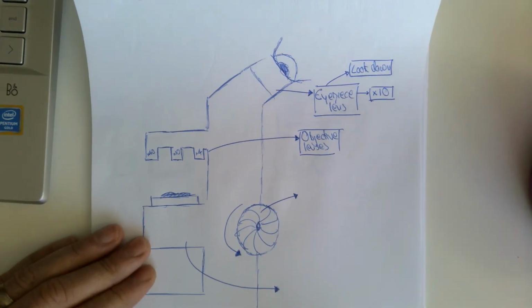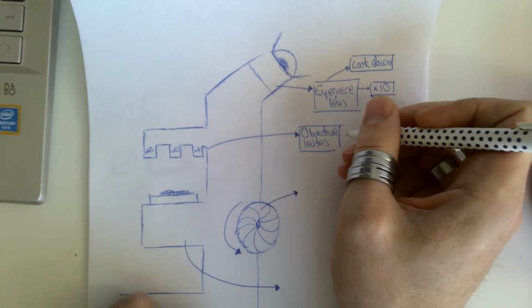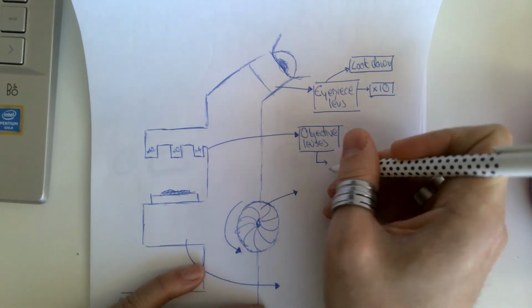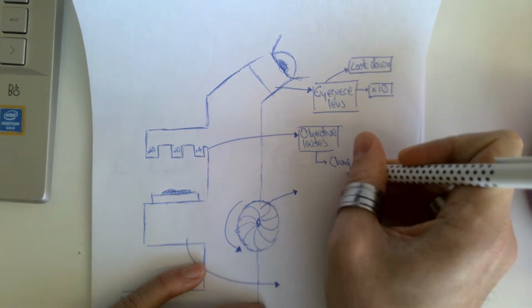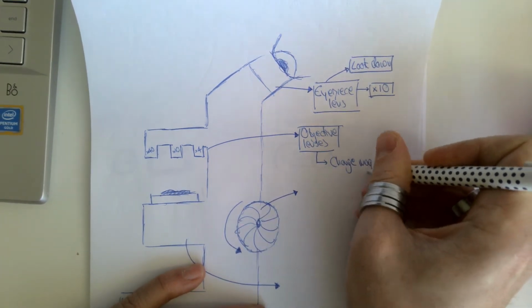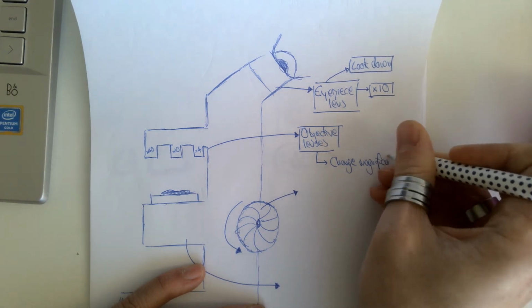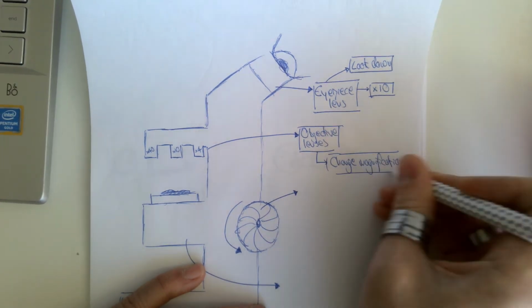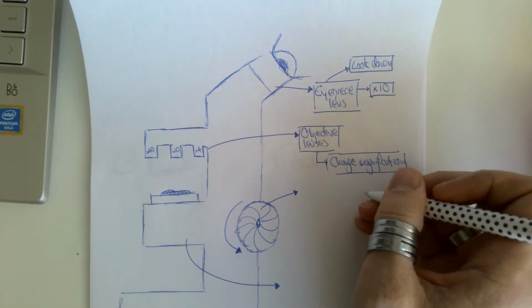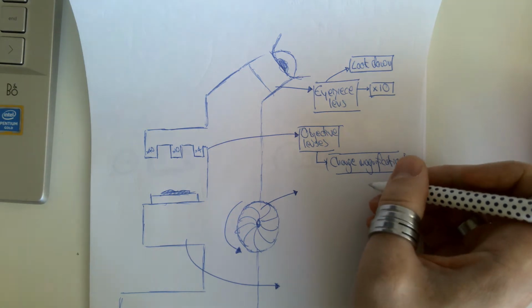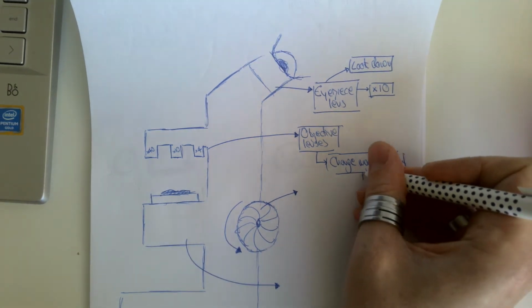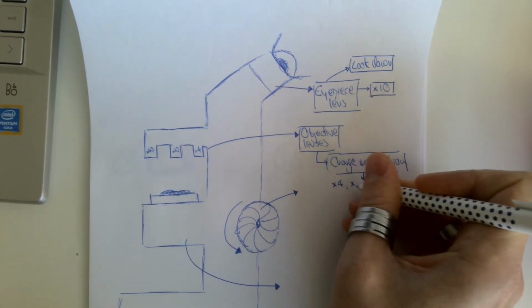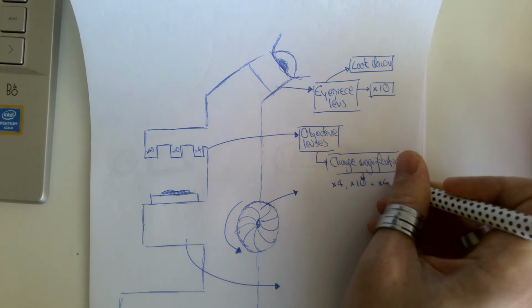Now, the objective lenses, if you remember from use in class, are the ones that you can change magnification. The typical magnifications for objective lenses on these types of light microscopes are usually times 4, times 10, and times 40.